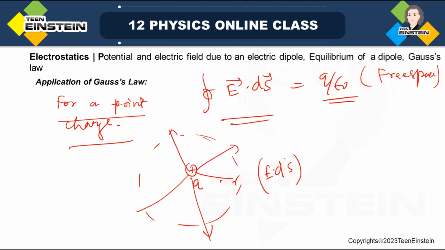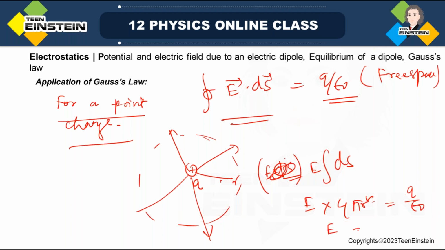On this surface, the electric field will always be constant. Now we have an integration of ds, and for a spherical surface this will be 4 pi r square. On the other side, it is q by epsilon naught. So E times 4 pi r square equals q by epsilon naught.